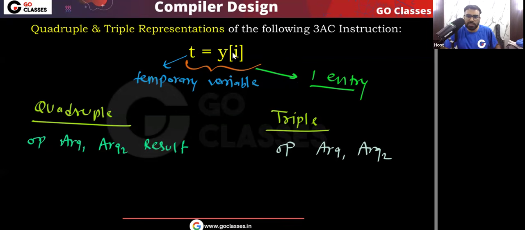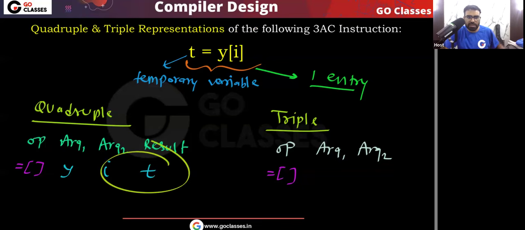Tell me. Here you can notice this bracket, this indexing, this index copy instruction. Here this bracket is on the right side of the assignment. So this is the operator we are going to use. Very simple. What are the arguments? Argument 1, argument 2, those are y comma I, and the result is stored in t.